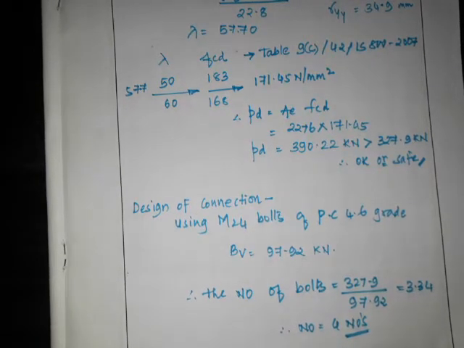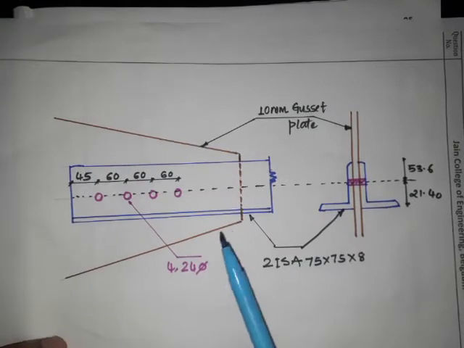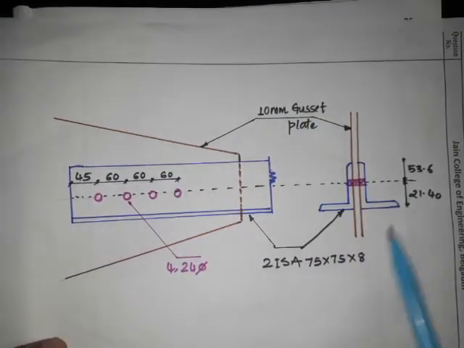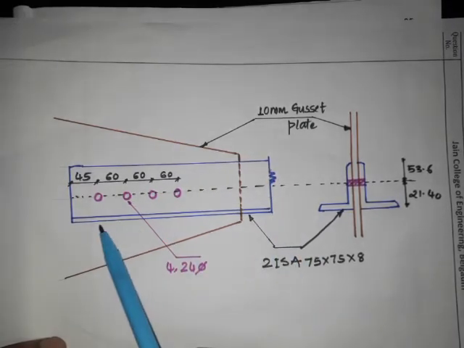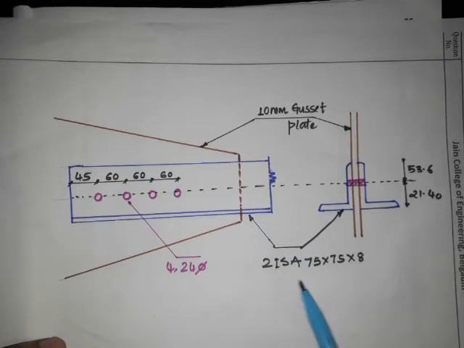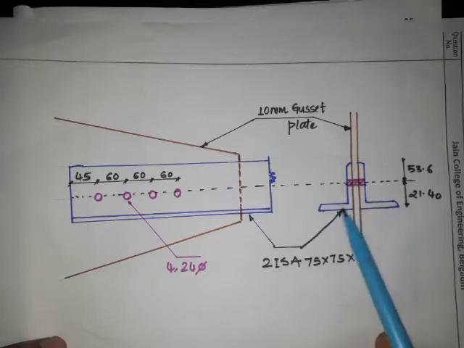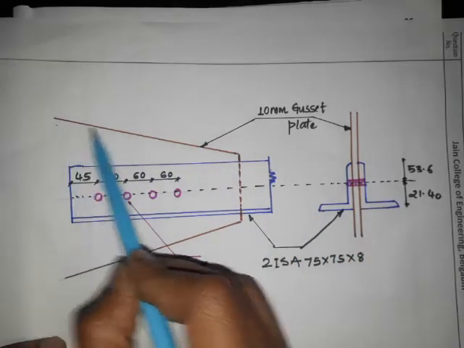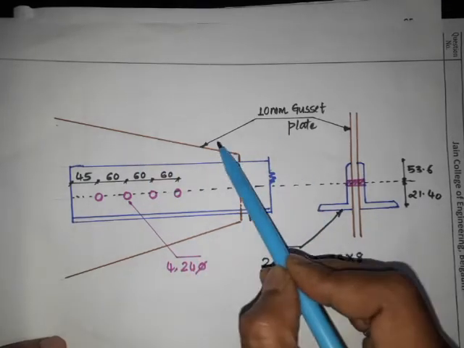Understood? So this is the connection details, what you can see here. We have the angles here, back to back: 2 ISA 75 by 75 by 8, two angles back to back connected to the gusset plate. This is a 10 mm gusset plate.